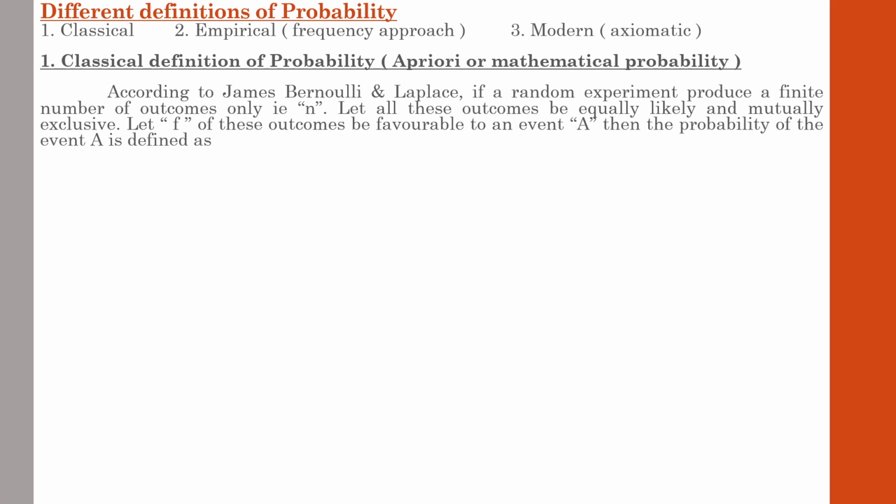It can be defined in the form of an equation: P of the event equals f divided by n. F means the number of favorable events that is going to happen, and n means the total number of events that is going to happen. So this is the concept of probability.